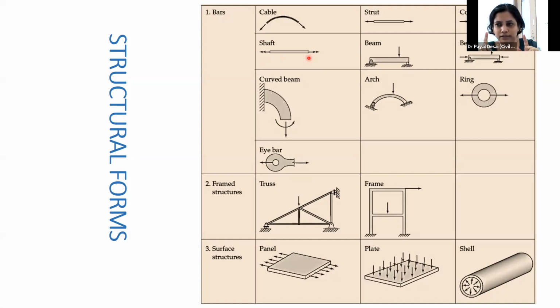The simplest are the axially loaded members, which are designed to carry only axial loads, where the load is applied along the axis of the member. In beams, the load is applied in the transverse direction, that is, perpendicular to the axis of the beam, and it is designed primarily for taking bending loads.